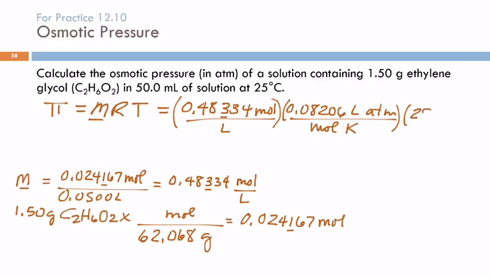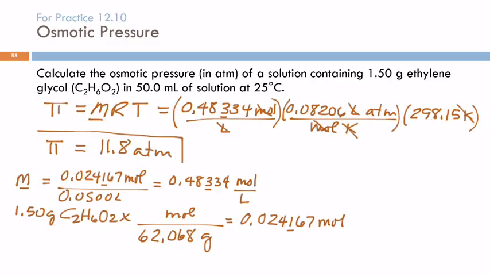So that's going to be 298.15 Kelvin. The Kelvins cancel, the moles cancel, the liters cancel. And so the osmotic pressure here is 11.8 atmospheres.